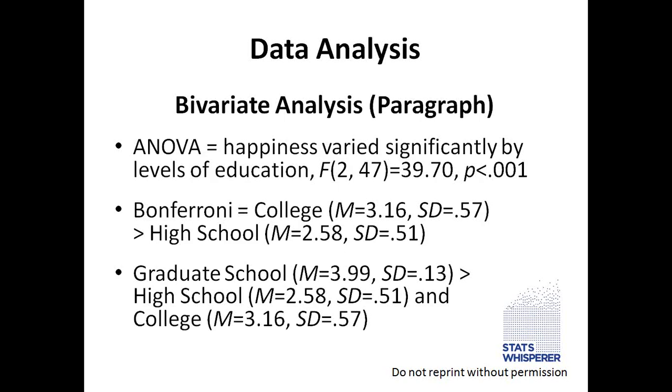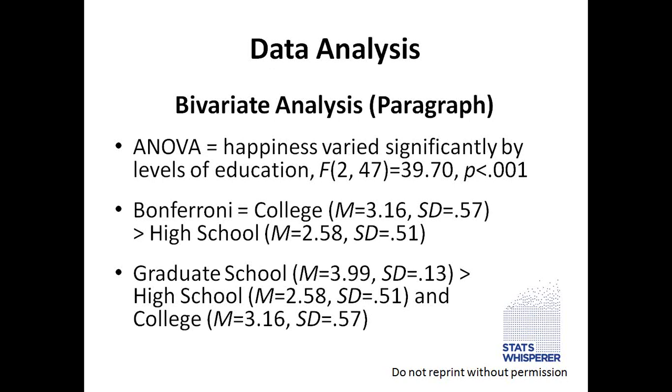A little more numbers and writing for the ANOVA, because we had to do the post-hoc test. But we would state it much the same way. We would say the ANOVA indicated that happiness varied significantly by categories of education, or levels of education, whichever you prefer.